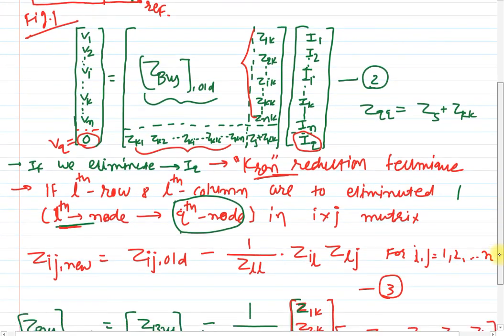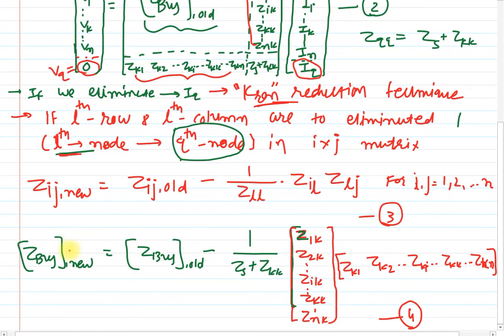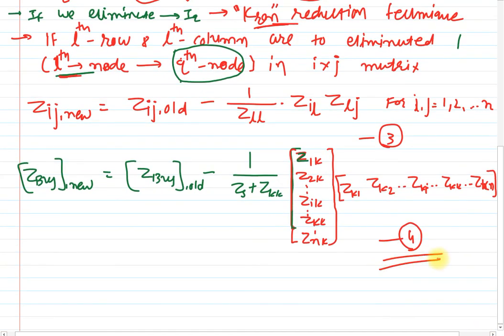So after elimination of the qth node, we can apply the Kron reduction technique, and from it we will get the final equation number 4 for type 3 modification. Clear? Next, in the next session we will see the type 4 modification.